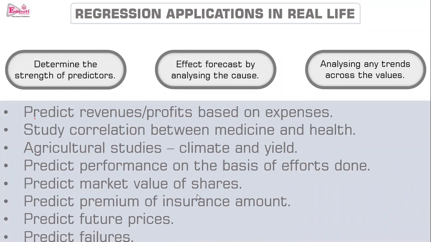If we talk about specific applications, we can predict the revenue and profit against the expenses, or the performance against the effort done by a candidate, or agricultural studies, environmental studies. In every industry, we can use regression to predict trends or the next outcome.